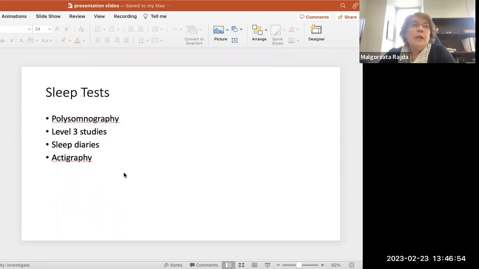So in the clinical care of patients with various sleep disorders, what do we do? How do we diagnose? I did not write it down on the slide, but obviously the first and the most important part is taking a very careful history that includes detailed questions about sleep patterns and sleep routines and various behaviors related to sleep.